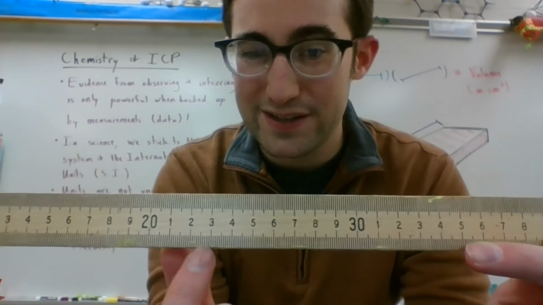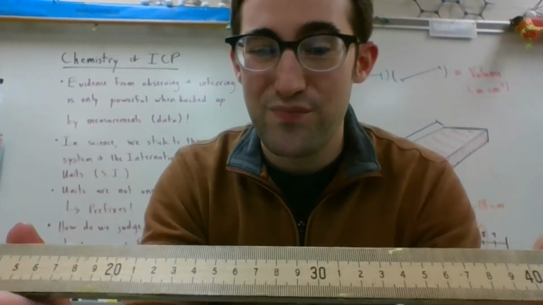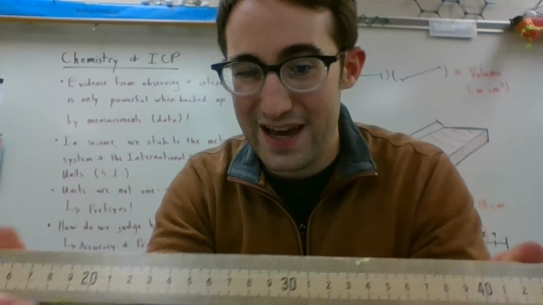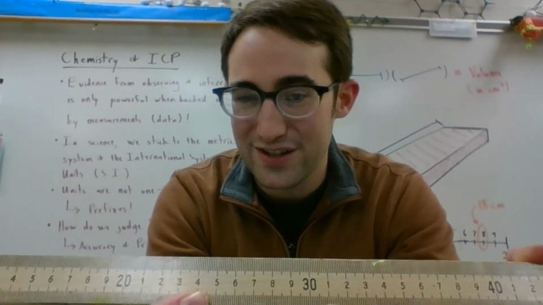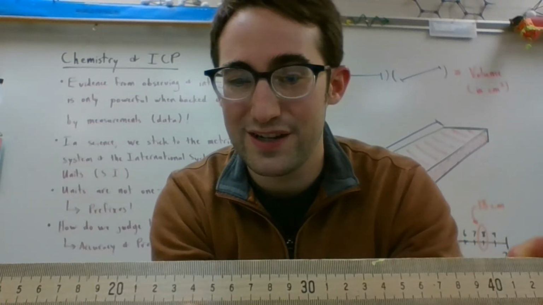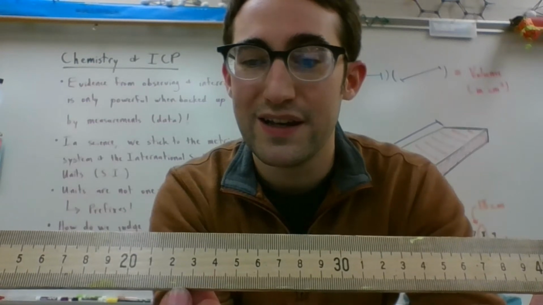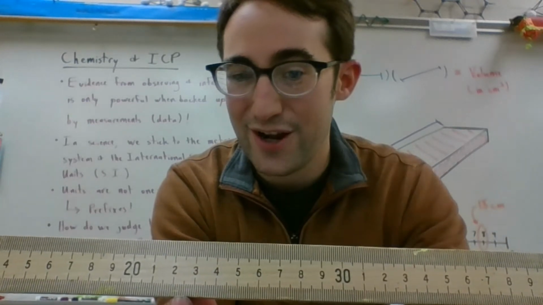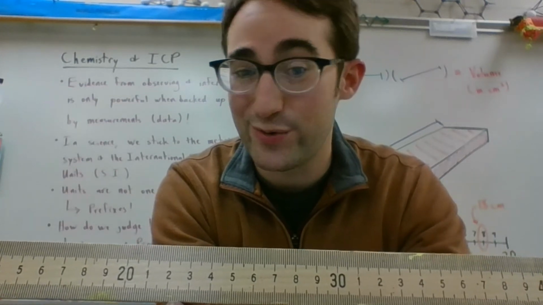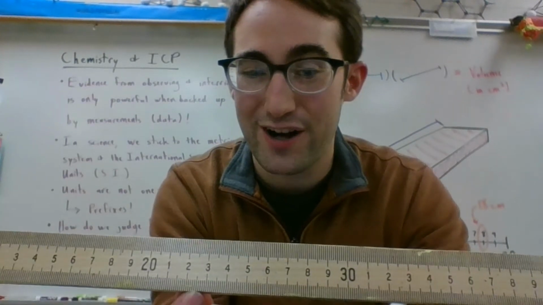You might also know, if you're ahead of the game, that each of those little dashes, all those 0.1s, are actually millimeters. So you could say that up to here is 22 centimeters and 5 millimeters, or you could say that you have 225 millimeters all the way across here.